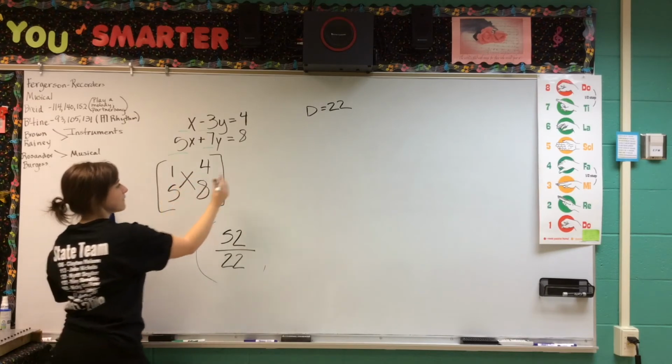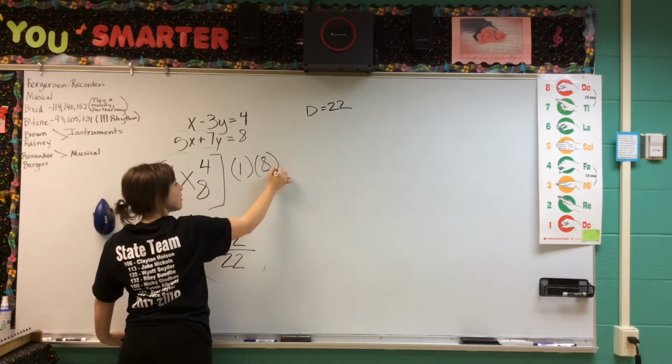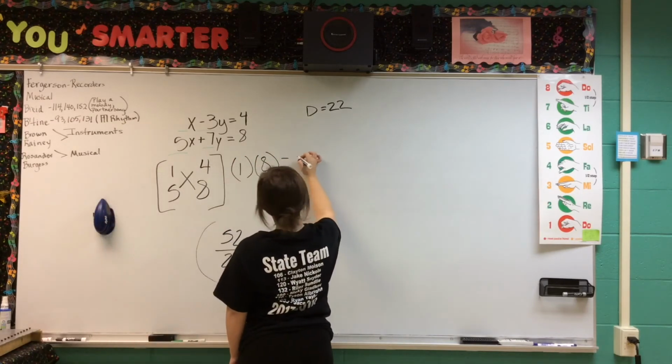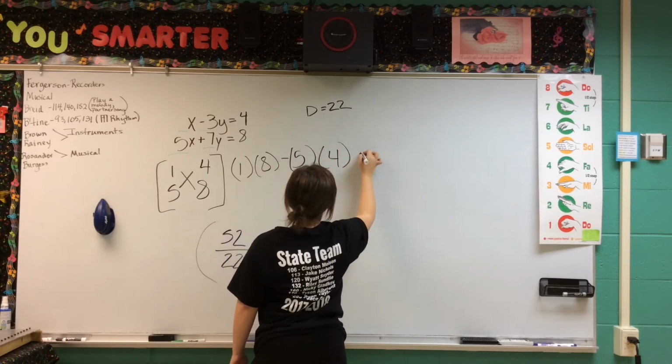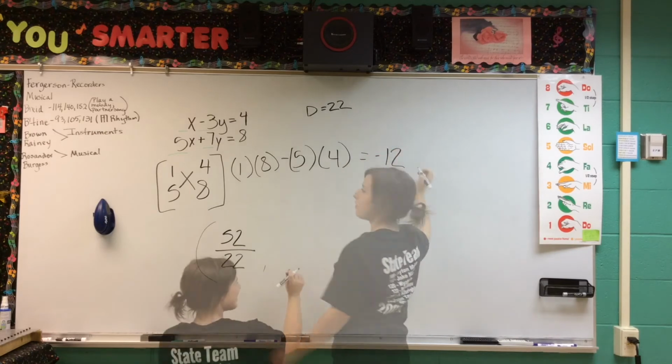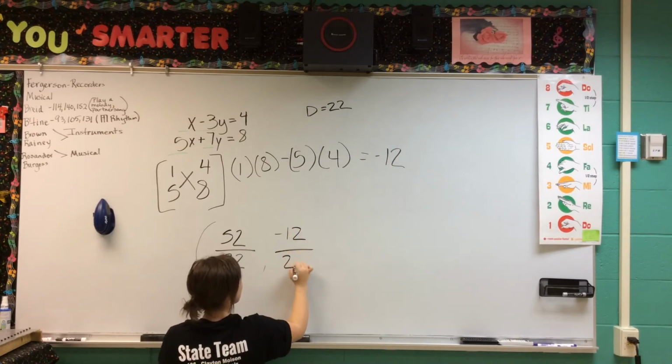We're going to go multiplication, so 1 times 8 minus 5 times 4, which would equal negative 12. And that will make that negative 12 over 22, and that will be our final answer.